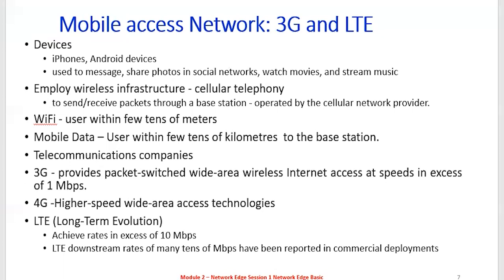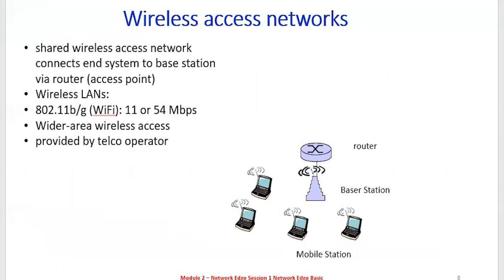Okay, and the wireless access network. As I said, when we discussed fiber to home, you have a wireless router placed in your home. At the back end of the wireless, you may have a wired network, which is fiber to home, that is, a fiber is connected. But in the front end, that is the wireless, what does this wireless router provide you?